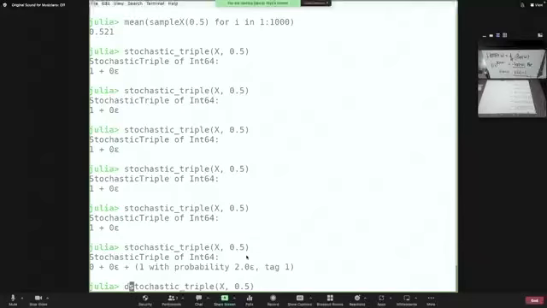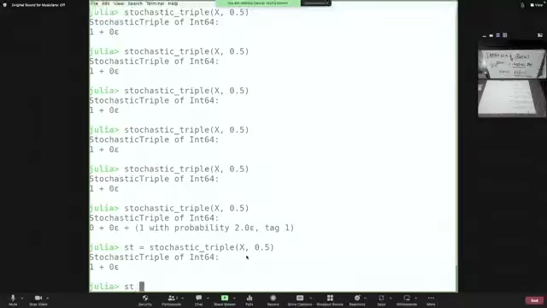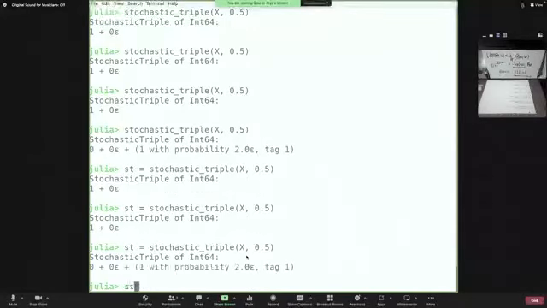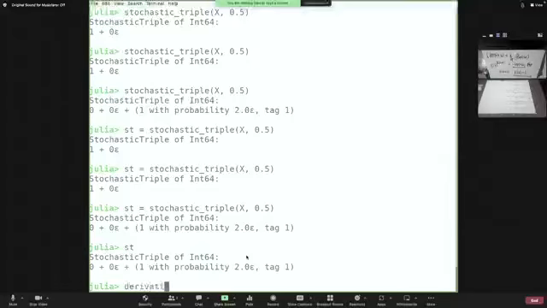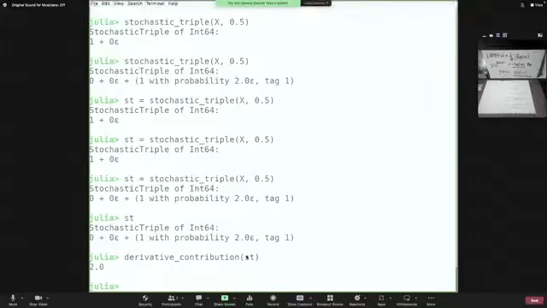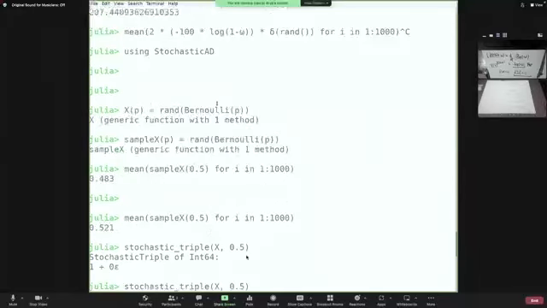If you let this be our triple, you can collapse it into a gradient estimator, and it's going to be 2. But it's 2 50% of the time, and 0 50% of the time. So on average, it's 1, which is cool, but it's not very impressive for a single Bernoulli.